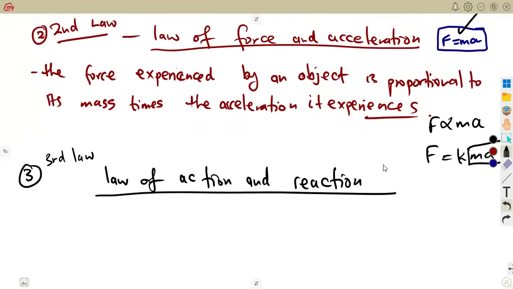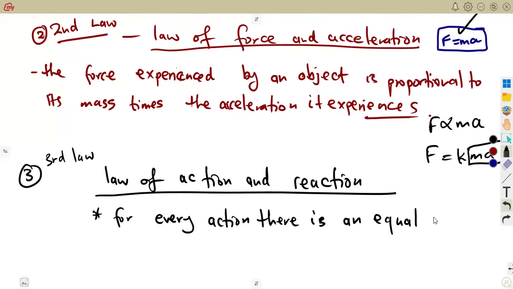For every action that we consider, there is an equal and opposite reaction. That is the case.